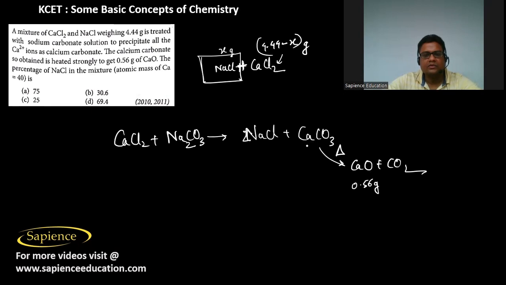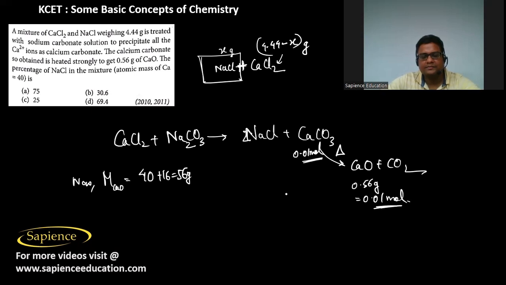So here we know that 1 mole of calcium carbonate will liberate 1 mole of CaO. Now molar mass of calcium oxide is 40 plus 16, that is 56 gram. So 0.56 gram means 0.01 mole. So 0.01 mole of calcium oxide will be obtained from 0.01 mole of calcium carbonate.